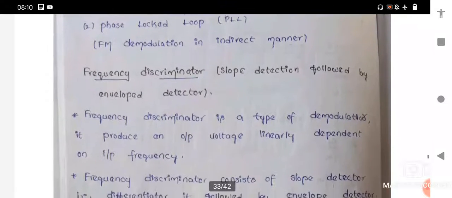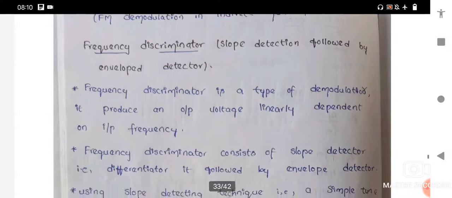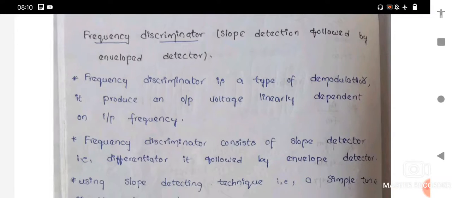So first we have to discuss the frequency discriminator. In this frequency discriminator, the block diagram consists of slope detection, and that slope detection is followed by the envelope detector.